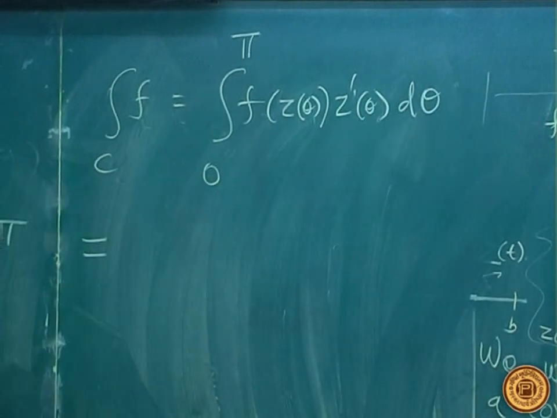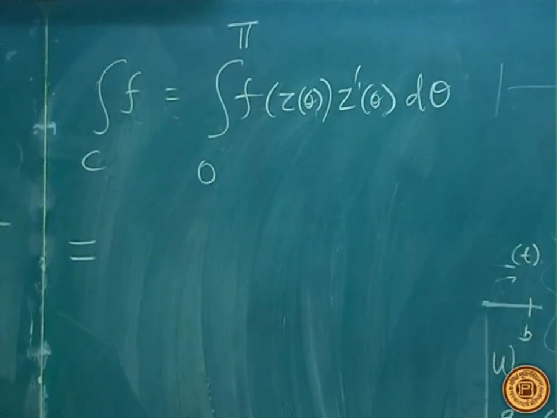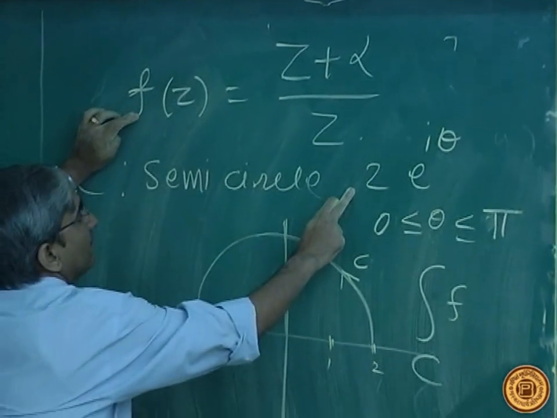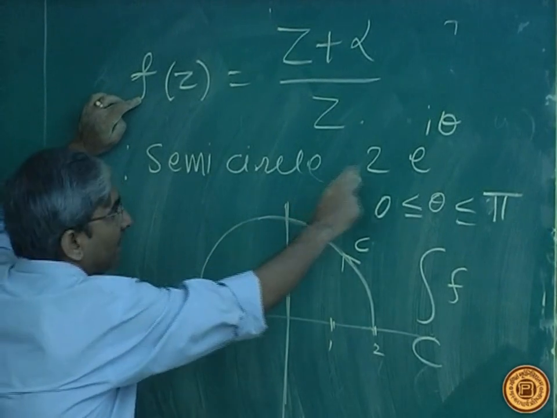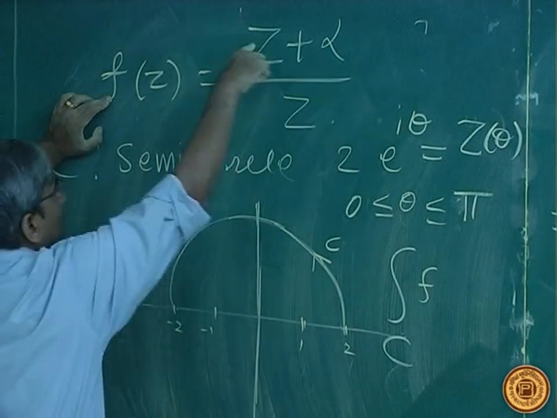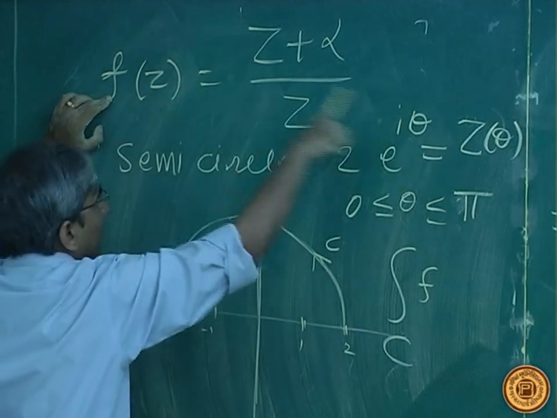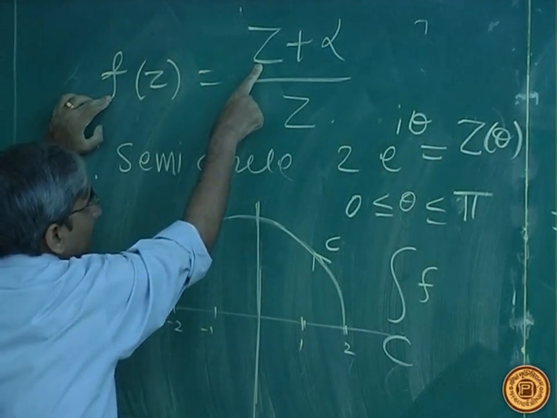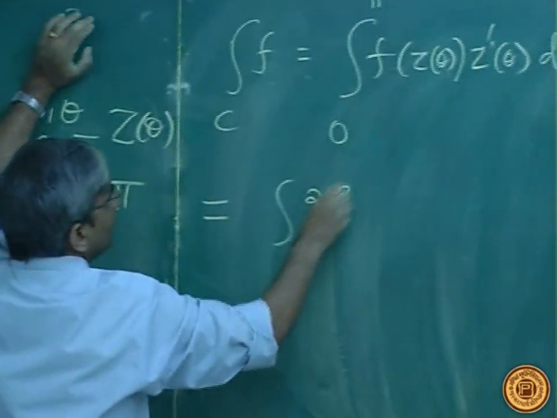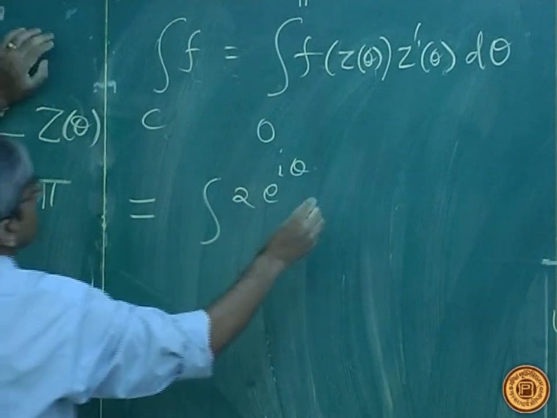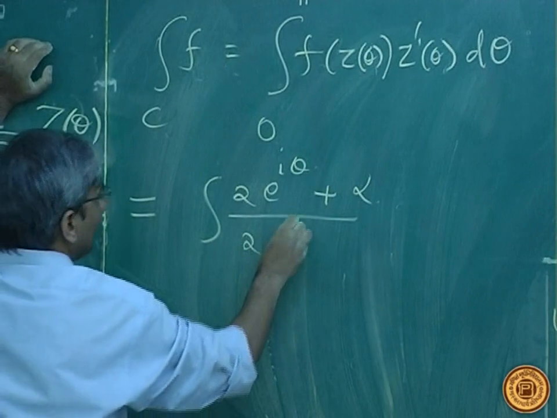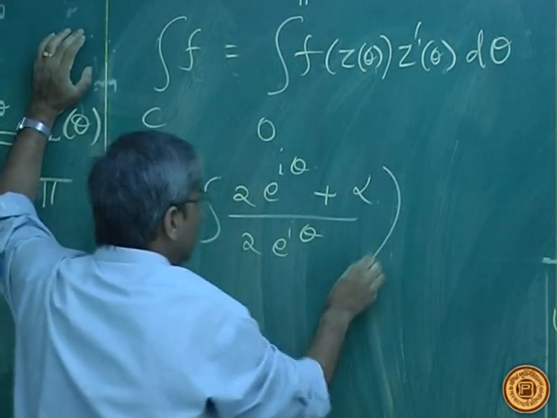That is equal to, now this is f and this is z theta. This z theta you want to put in f, that means f of z theta. So in place of z, z theta will come. So 2 e raised to i theta plus 2 upon 2 e raised to i theta into z prime theta.